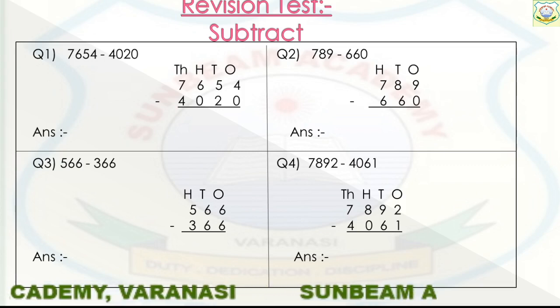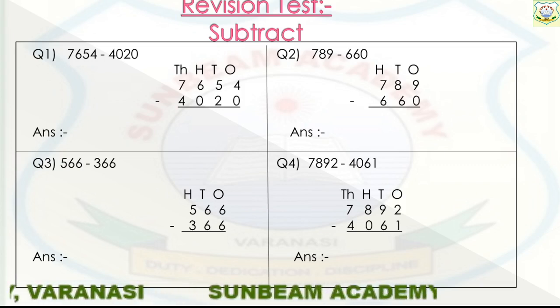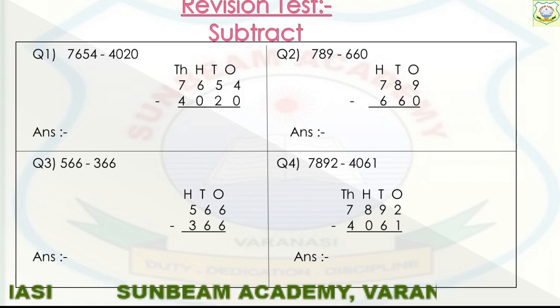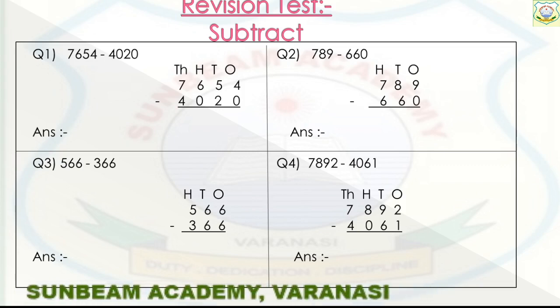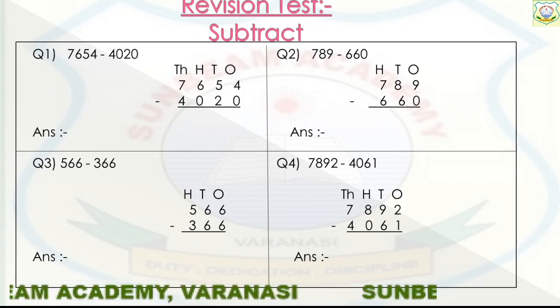So first question is 7,654 minus 4,020. Okay, do it.